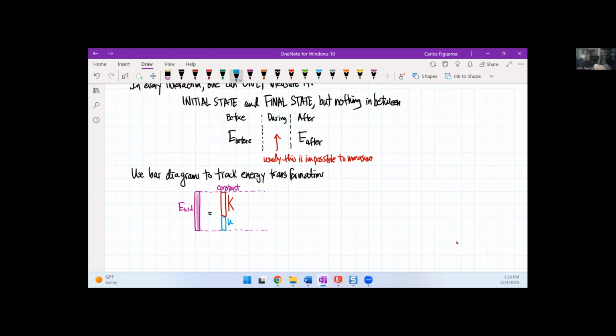Or if this thing suddenly shifts to here, then I see that the potential gets large. As a consequence, the kinetic energy must get small. In other words, kinetic and potential energy are inversely proportional to each other.